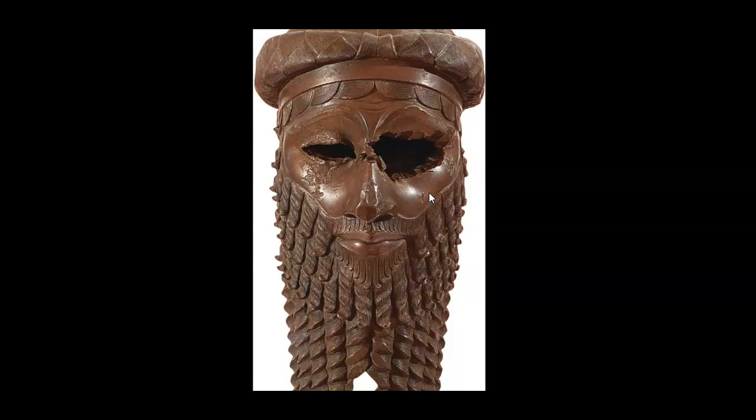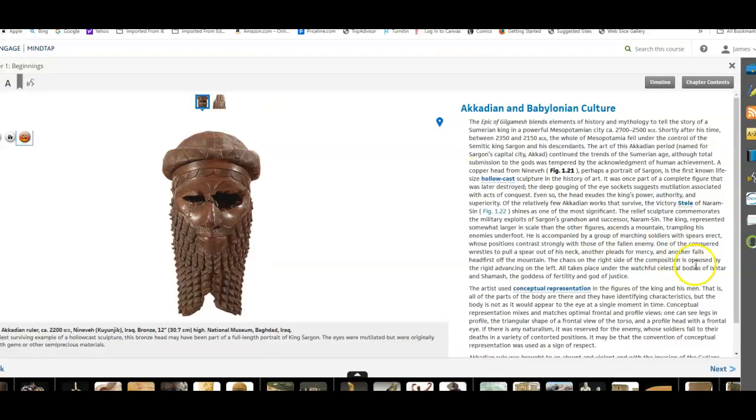Now the beard, if you'll notice, looks really, really tightly done, but the idea is that there's a good chance that this may have been an artificial, a false beard that was put on by the leader to emphasize his authority.